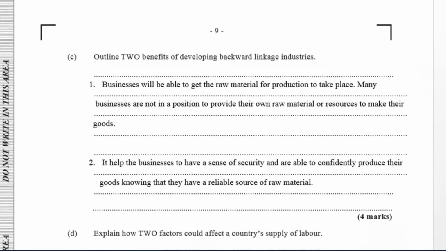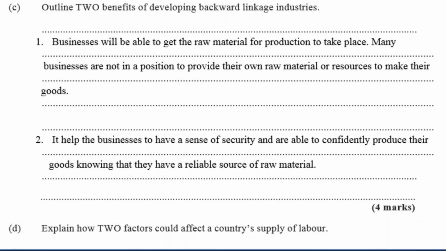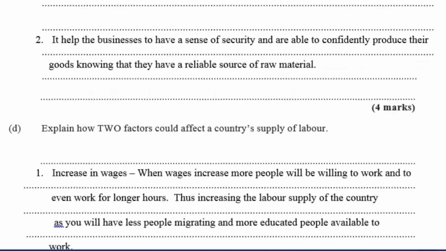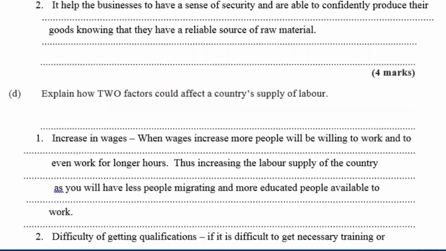Next question. Explain how 2 factors could affect a country's supply of labor. Let's look at them. Increase in wages. All right, so when wages increase, more people will be willing to work and to even work for longer hours, thus increasing the labor supply of the country, as you will have less people migrating and more educated people available to work, so the country will not be in a crisis.